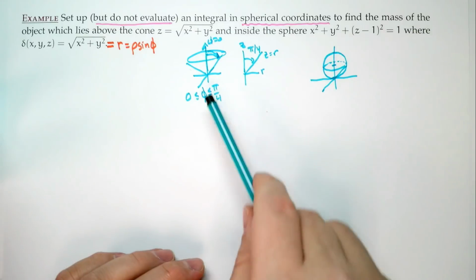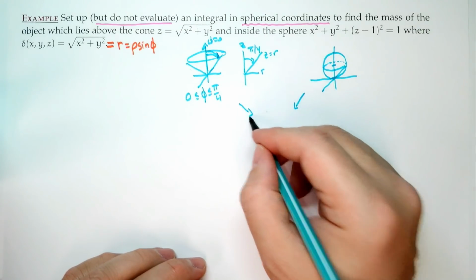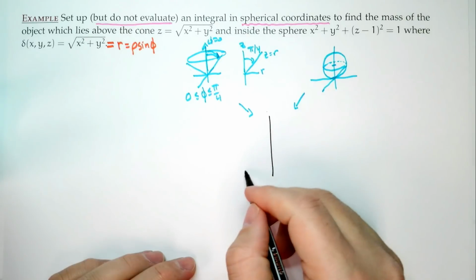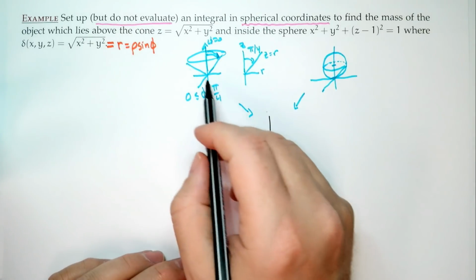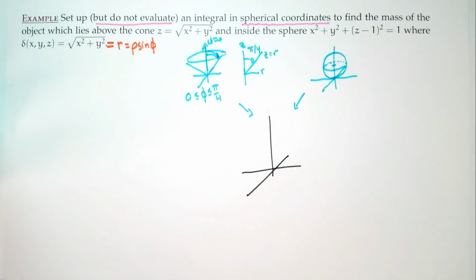Now, if you actually combine these two shapes, we can get an idea of what's going to happen here. Our shape will have the following form. So we have the cone coming up. I'm going to draw things sort of dotted here.